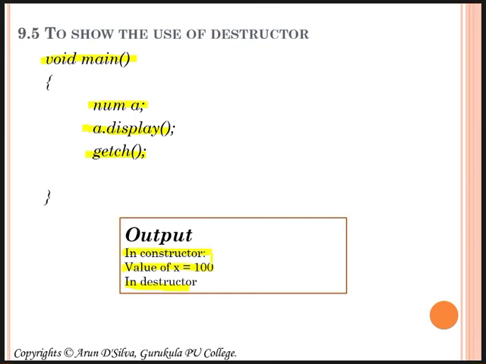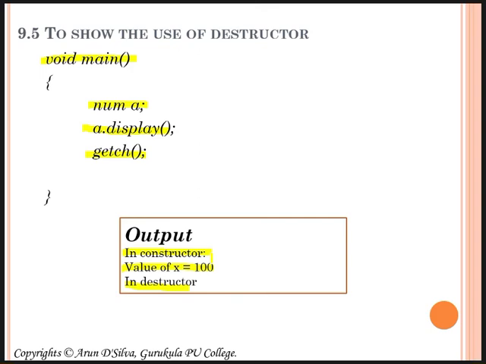Concluding this chapter, we have learned about the constructor, a special member function that is executed automatically whenever an object of a class is created. Next we learned three types of constructor: default constructor, parameterized constructor, and copy constructor. A default constructor does not take any arguments.